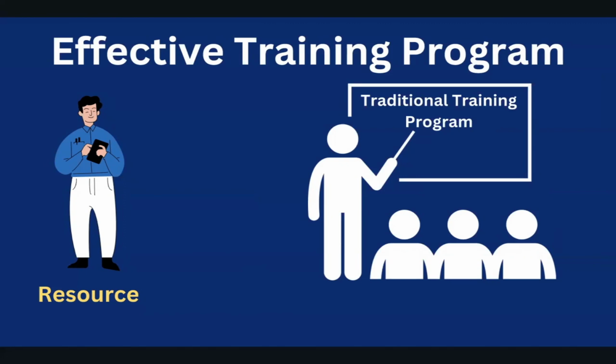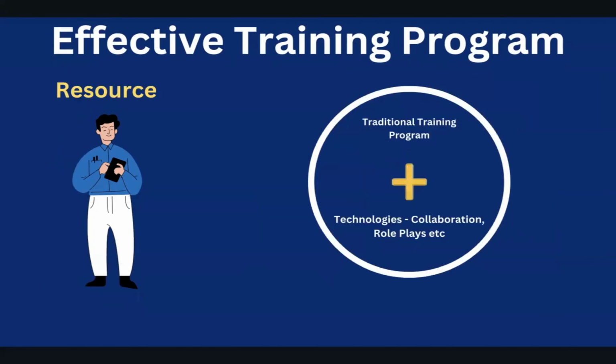But the program also needs to have one very key thing. There has to be some involvement of technologies through which collaboration, role plays, or whatever it may be, happen, so that the sales training becomes a continuous sales training. I really like this phrase, continuous sales training, because that's very key.